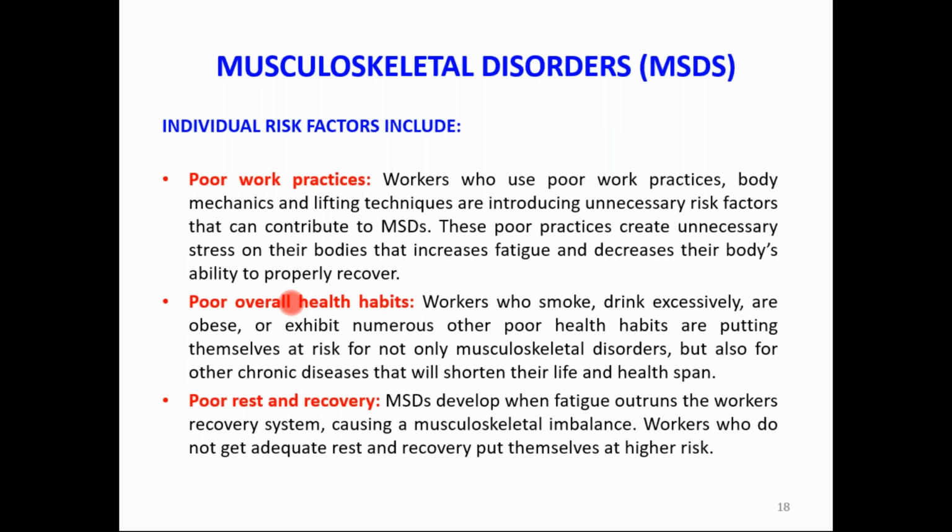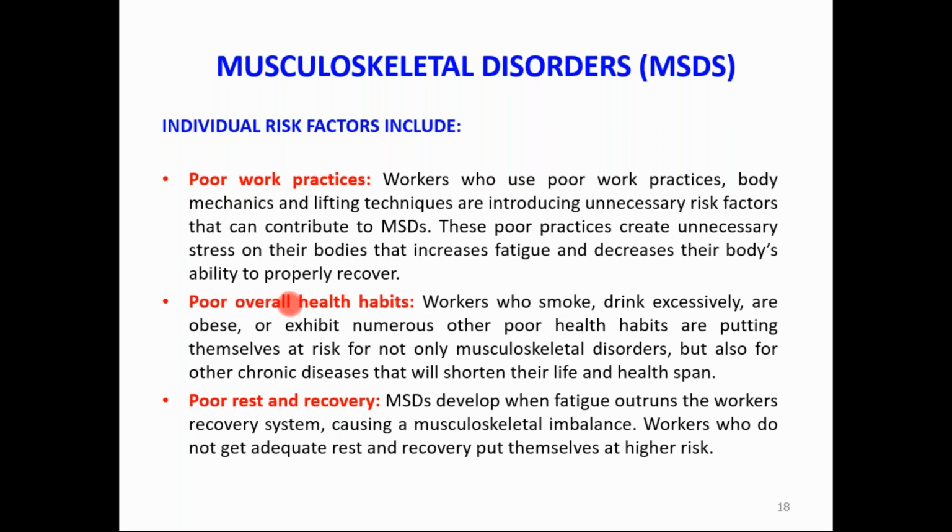Suppose some workers have these smoking habits and they are working in an environment where carbon particles or some particles are there in the working environment which directly contact or gain entry to the respiratory tract, and that may contaminate the lungs. So the life of that particular person is going to decrease.